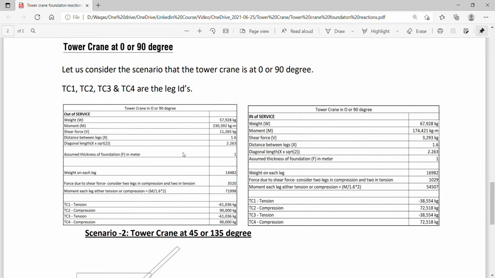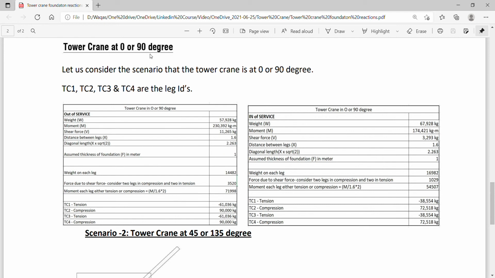I picked these loads, which are weight, moment and shear, all from the table which I showed earlier, and the distance between the legs is 1.6. This diagonal length, which is root 2 times the distance between the legs, will come into play when the tower crane is at 45 degrees or 135 degrees.